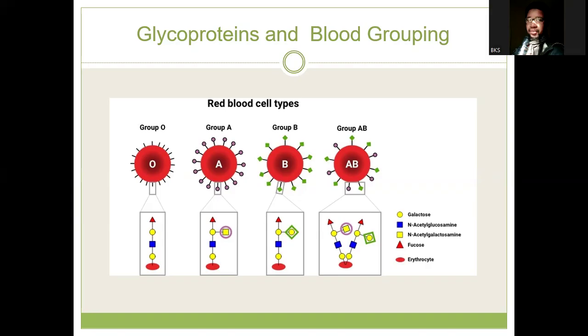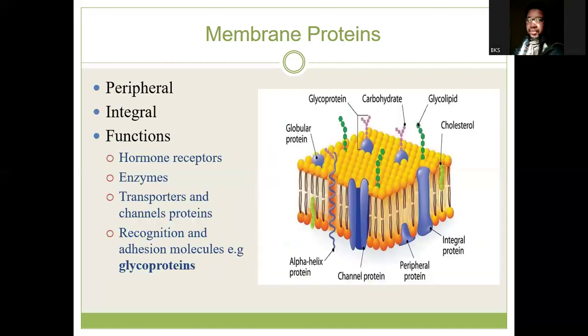Here we are talking about red blood cells only. So you have a red blood cell. Attached to that red blood cell surface, you have a glycoprotein. And attached to that protein, you have some carbohydrate attached to it. You can see some carbohydrate attached to it.